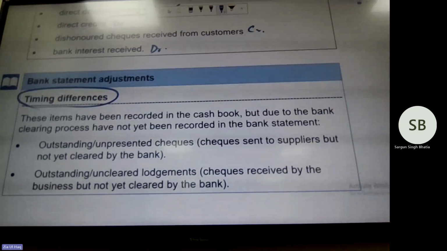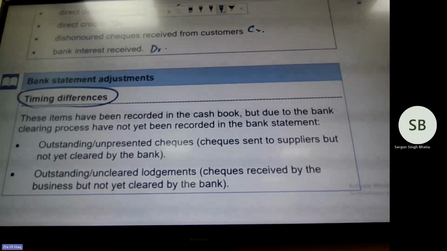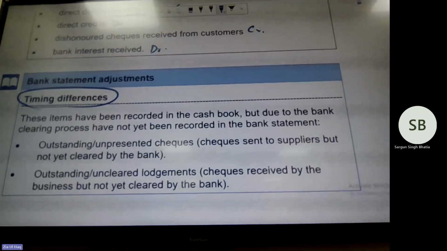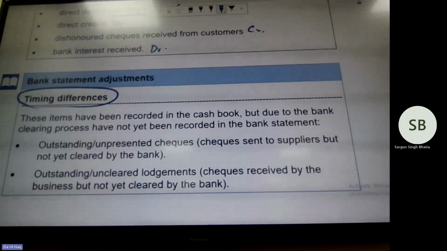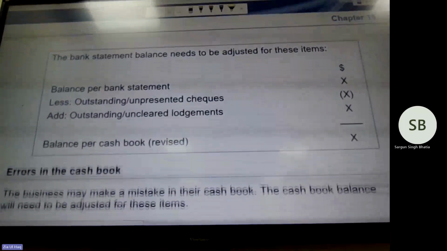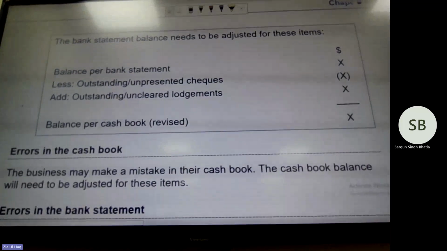Mistakenly, the bank has deposited someone else's amount into our account. Obviously, in 1 to 2 days, the bank will adjust our bank account for that, meaning it will deposit to the real person's account. So this could be due to timing differences, because the mistake is not at our end.